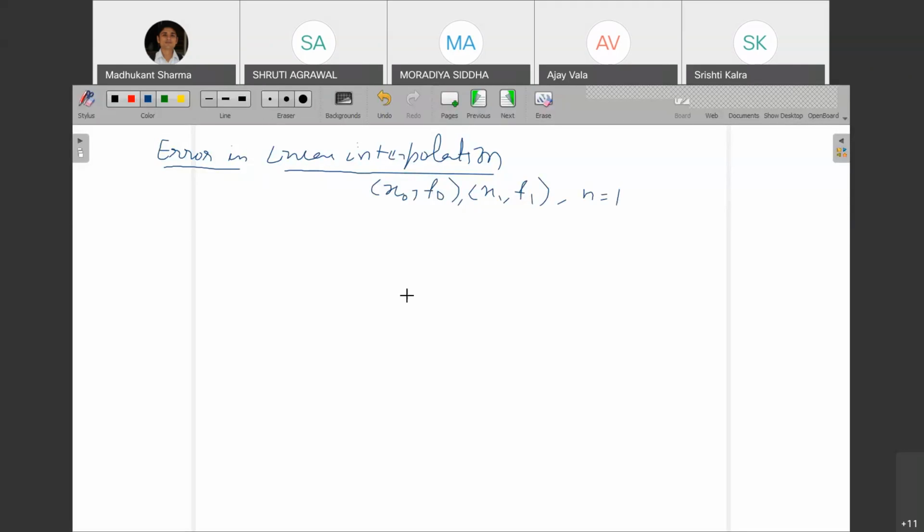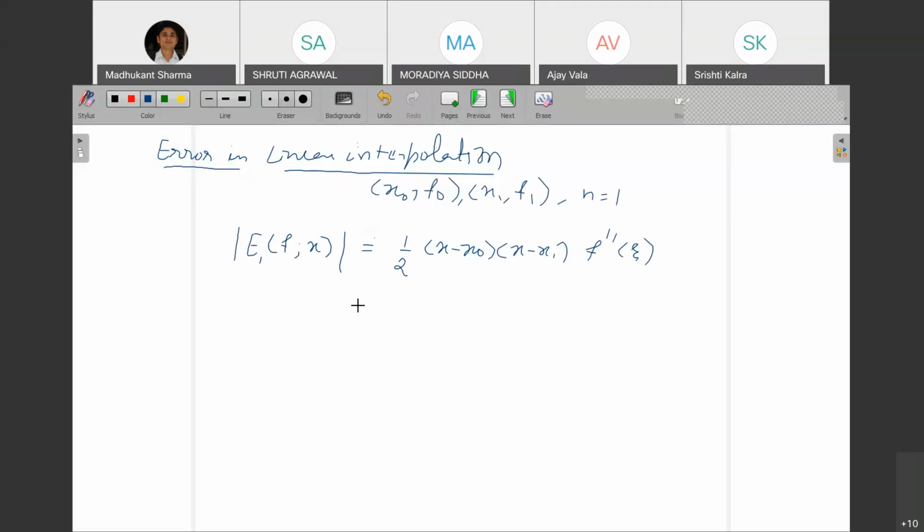If you try to identify the bound of the error term, since n is 1, E1 f at some x is equal to 1 by 2 factorial times x minus x naught into x minus x1 times the second derivative of f at z, where z lies between x naught and x1.